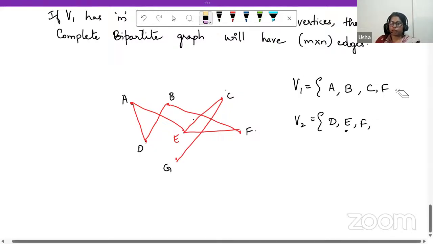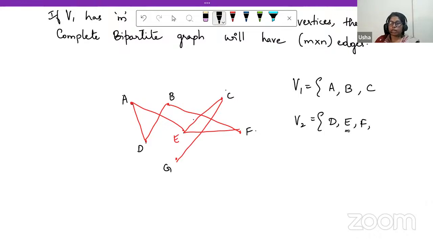And E is connected with F, and E and F are present in the same set. Therefore, it is not a bipartite graph. C is connected with G also. Since F is present in both the sets, it's not a bipartite graph.